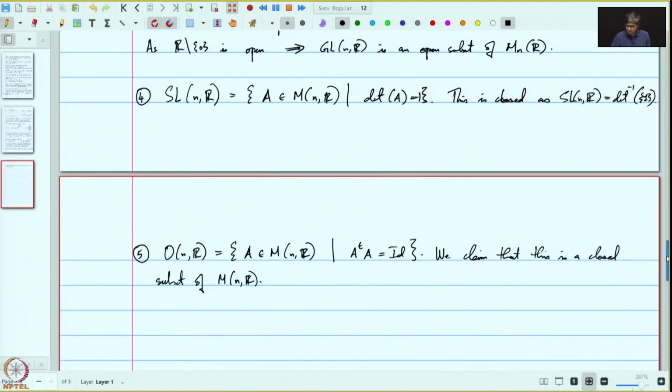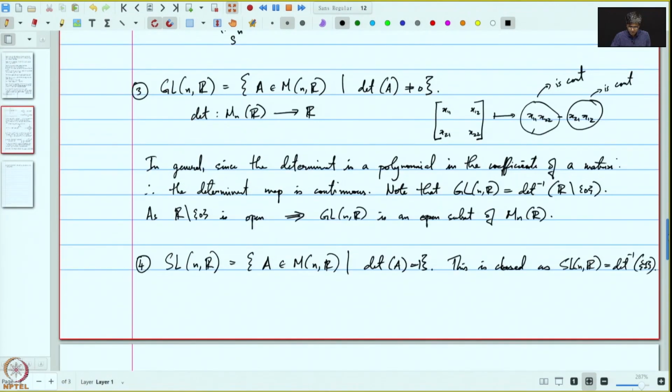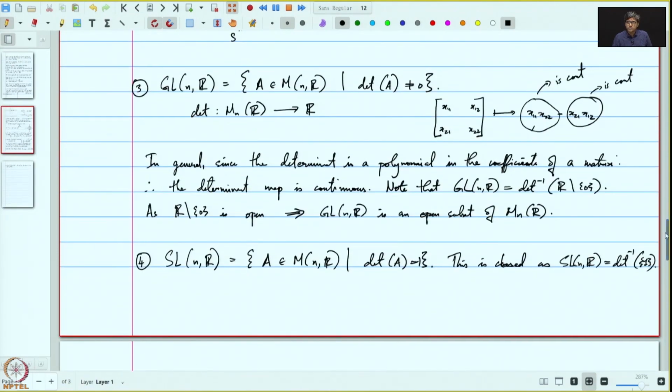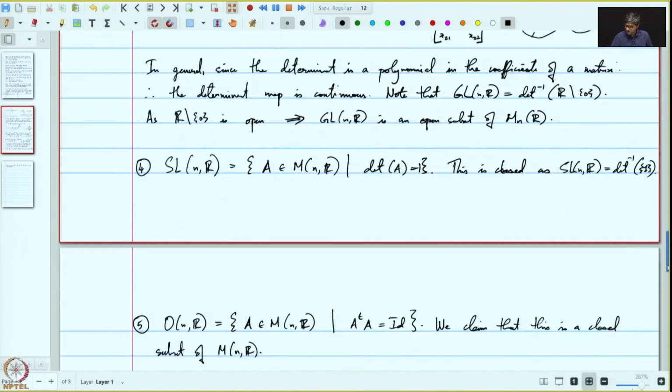Now in each of the above examples, showing that these subsets are closed directly could be somewhat complicated, and we see that once we can realize these subsets as inverse images under continuous maps of certain subsets, then it becomes a lot easier. So here also we are going to do the same thing.